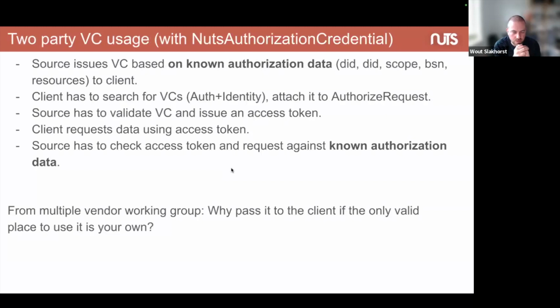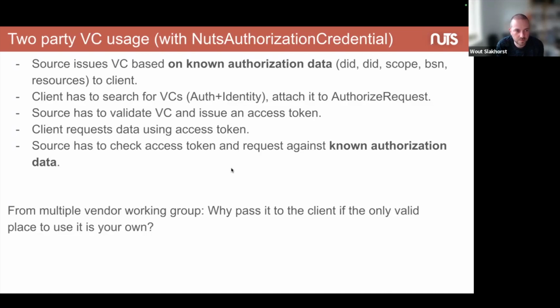So let's start with the two-party verifiable credential usage. What is currently happening with the NUTS authorization credential, and this is a short form, but it's based on the conclusion we had with the multiple vendor working group, is that a source issues a verifiable credential based on already known authorization data, right?